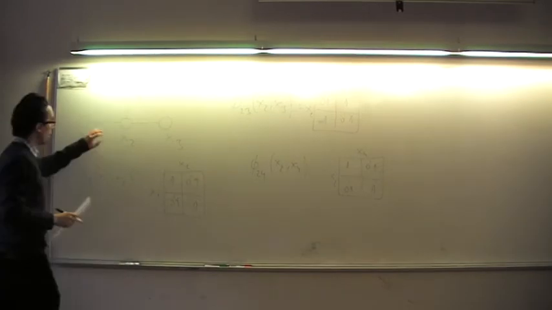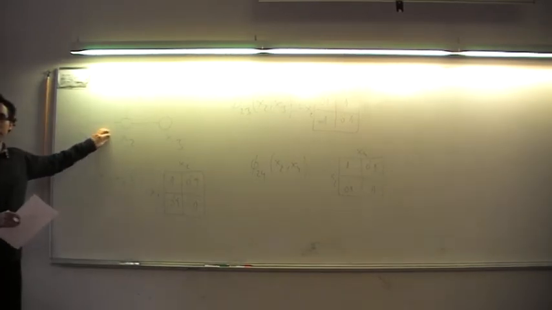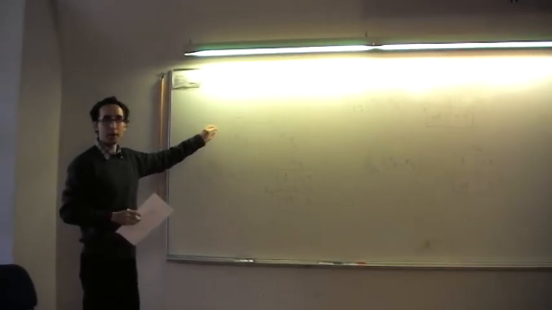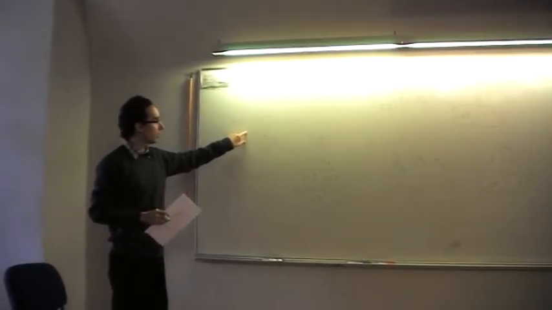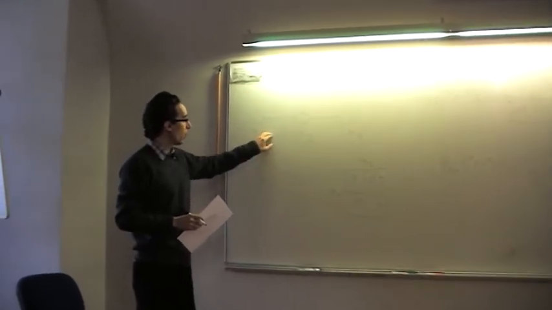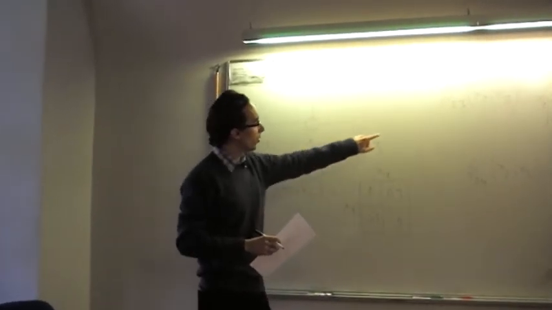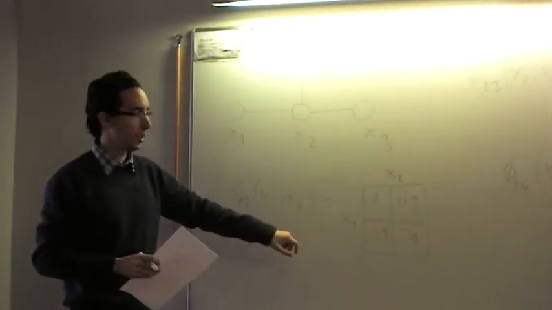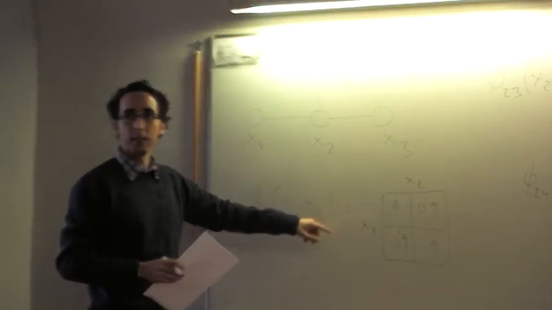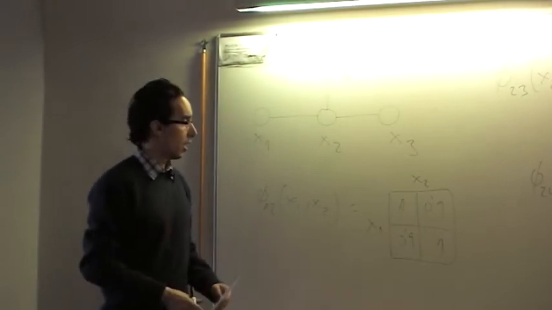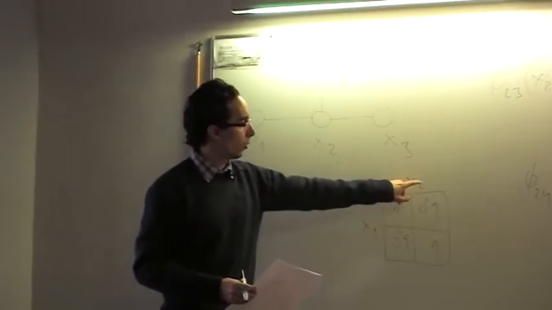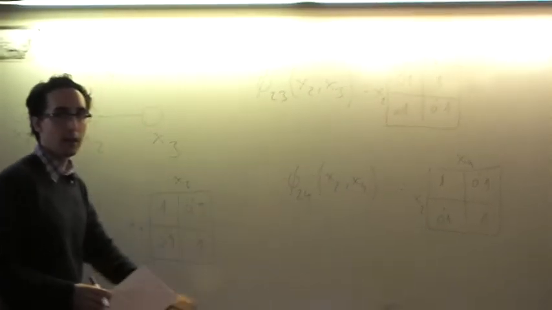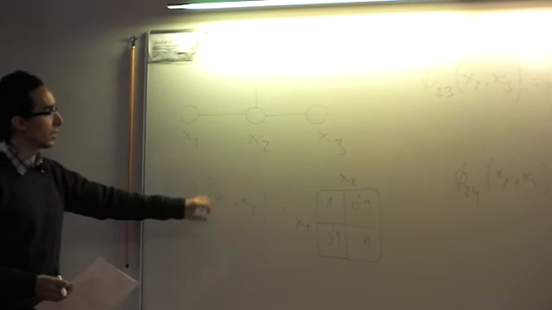So I have this undirected graphical model. I will have a factor for each maximal clique in this graph. I have the factor 1,2, the factor 2,3, and the factor 2,4. These are probability tables where each variable is binary. In this case, they can take value 0, 1. And these tables give me the form of these factors.